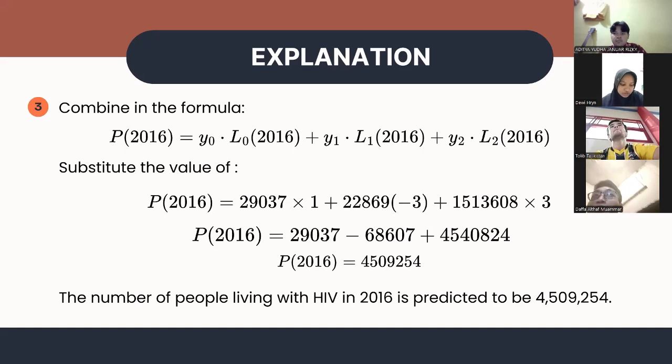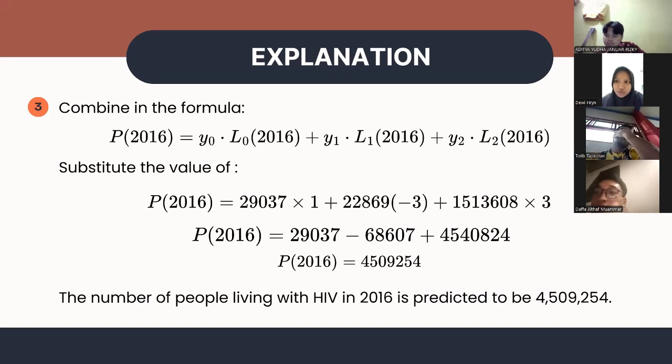Then substitute the values: 29,037 times 1 plus 22,869 times negative 3 plus 1,513,608 times 3.